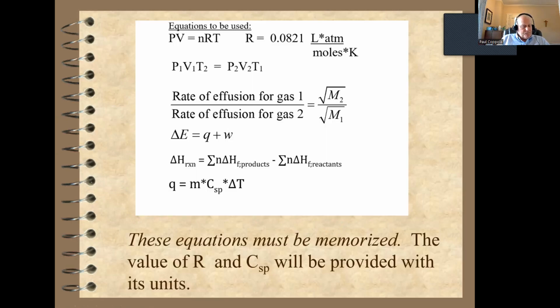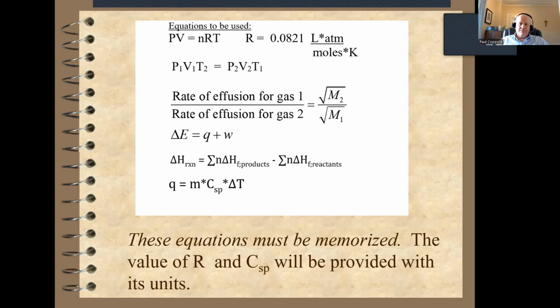Okay, so these are the equations I'd like you to memorize for the exam. PV equals nRT from the previous chapter. R is given. P1V1T2 equals P2V2T1. Graham's law. And then in this chapter, chapter 6, delta E is equal to Q plus W. Remember, you have to know the sign of the Q and the W. If they're leaving the system, negative.